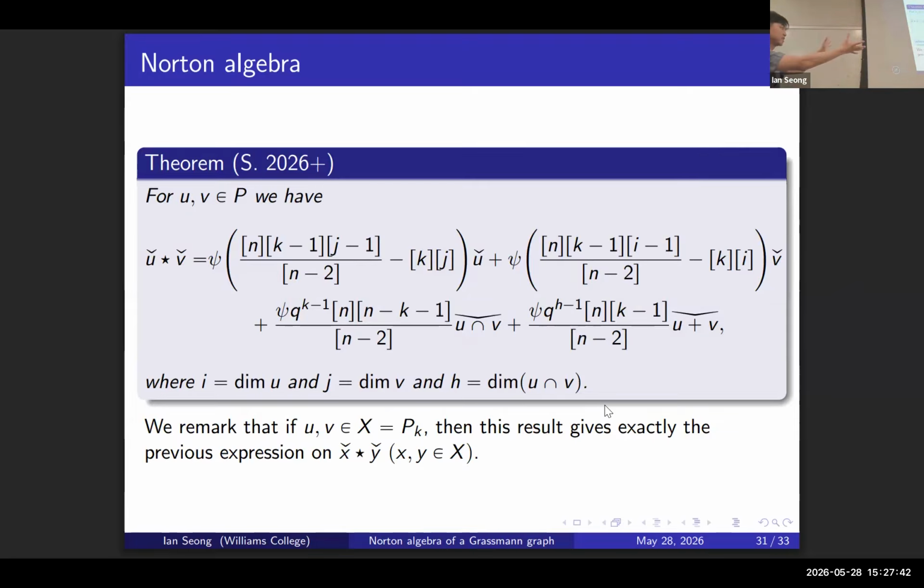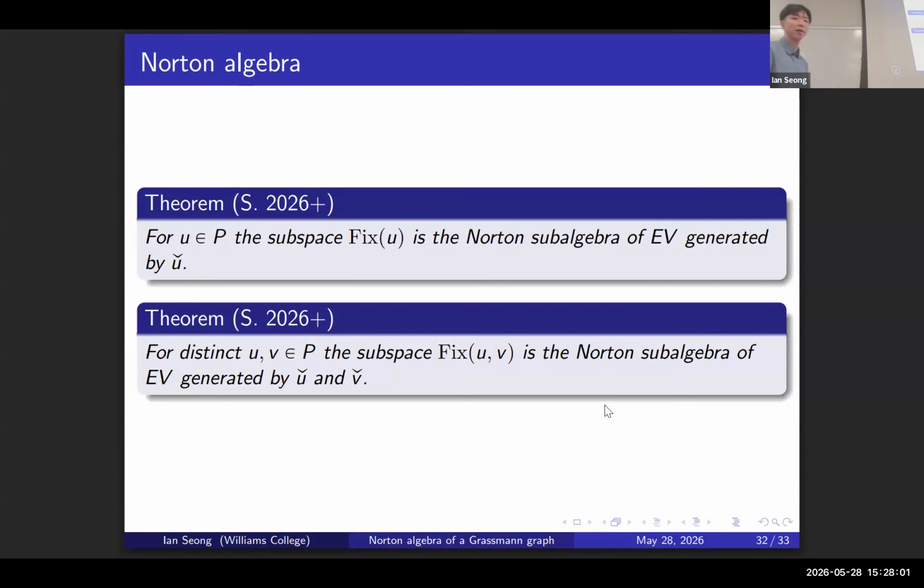Again, there are a lot of technical details in order to prove this, but basically the theorem says we have u check star v check as a linear combination of u check, v check, the u intersect v check, and the u plus v check. So the geometric basis for fixed uv. And the last result I have is that for a single element u, the subspace fixed u is actually the Norton subalgebra generated by u check.